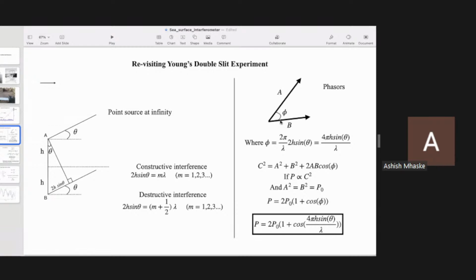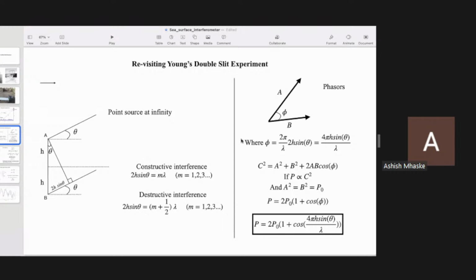But there is a phase difference phi between the two signals, which comes from the extra path traveled by the second signal. From the geometry, if theta is the elevation angle of the source, this extra path is 2h sin theta. We convert this into radians by dividing the path by lambda and multiplying by 2 pi, which gives the phase phi between the two waves.